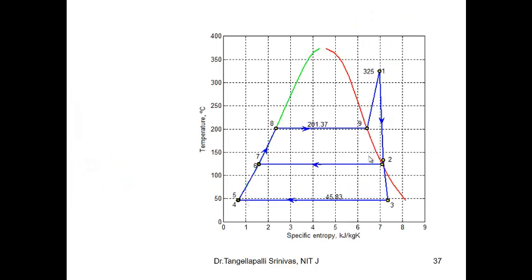Before going to the exergy evaluation, first the entire Rankine cycle has to be solved using energy, that is, the first law of thermodynamics. At each and every state, enthalpies have to be solved by mass balance as well as energy balance equations. For this, either steam tables or a Mollier chart can be used.